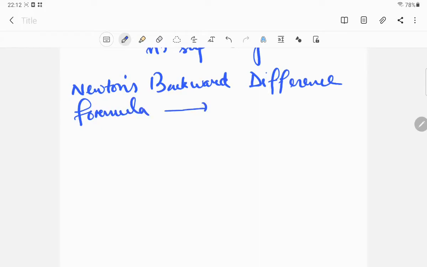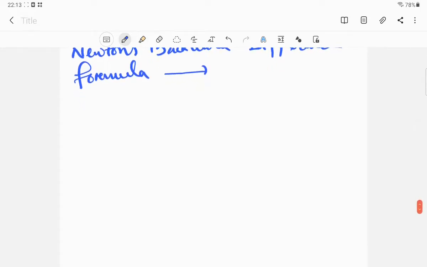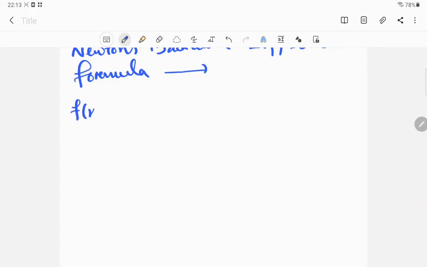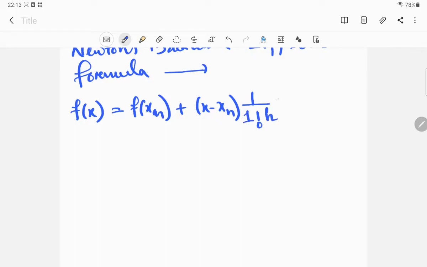We will use Newton's backward difference formula, and we will proceed as we have done for the first part, the forward difference method formula. So here we have f(x) is usually given by f(xn) plus (x minus xn). Let me write it in full, then I will tell you in detail what the difference is.